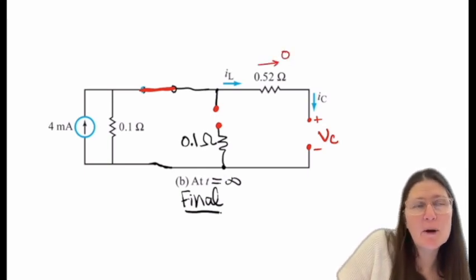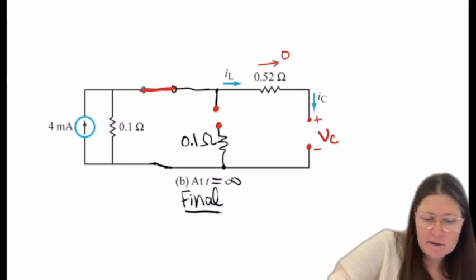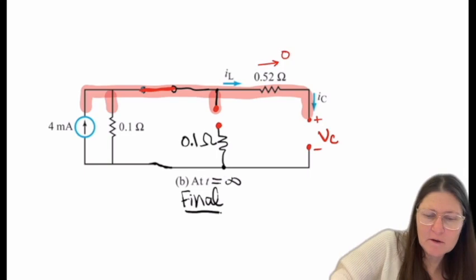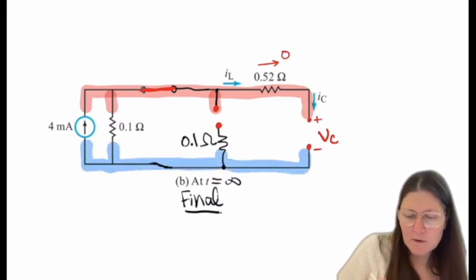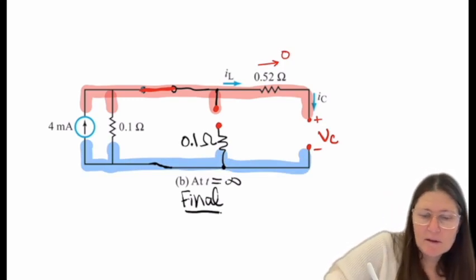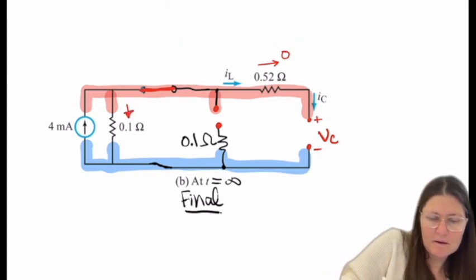Again, this is 0. It's a floating wire. So this is all the same node, and this is all the same node. What do you notice? What makes the current flow through is that 0.01 ohm resistor on the far left.